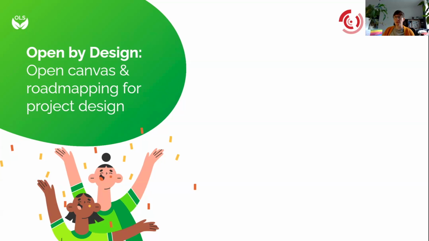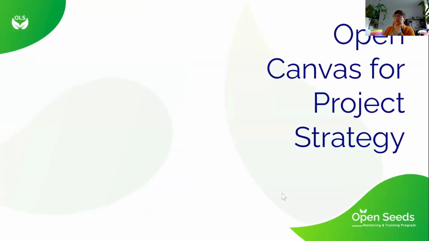And hopefully with some of the tools that I'm sharing today, which is how to do an open canvas and how to do roadmapping for a project, this will help you to adopt openness in your own projects because you are already thinking about it. So we will start with the open canvas first, and then we'll go with a bit of roadmapping.